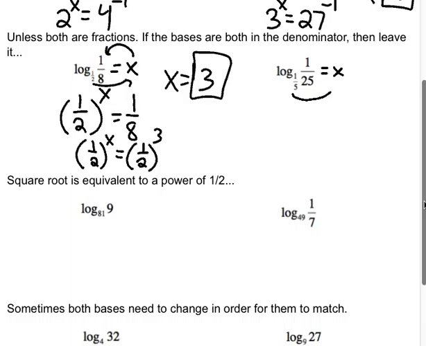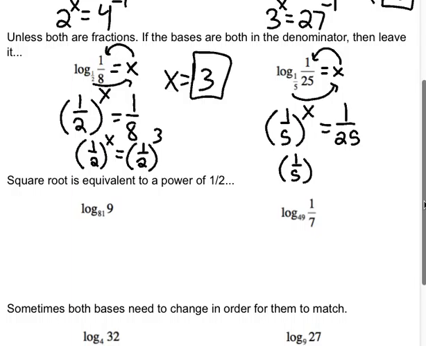What about this one? So I have 1/5 to the x. I need to know what power of 1/5 gives me 1 over 25. All right, well, again, since both of them are fractions, I'm not going to bother moving that 25 up.